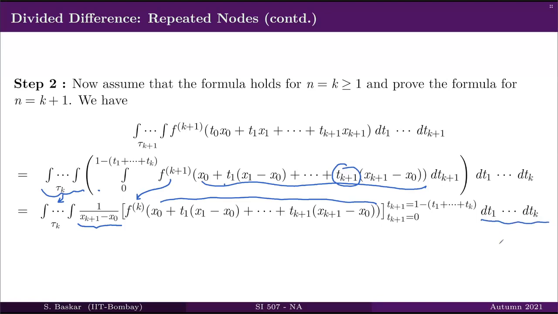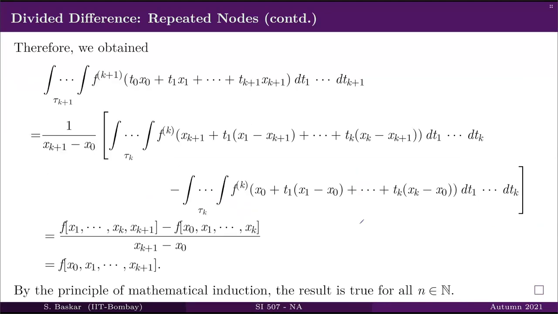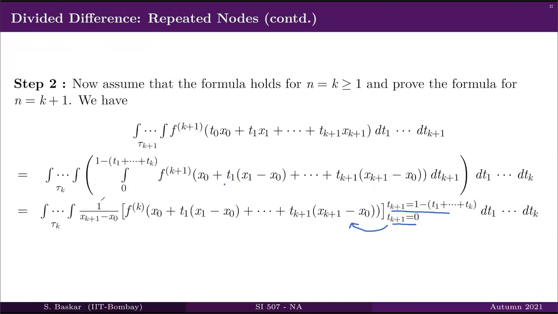So this is a very simple 1D integration. Now let us put these limits into this expression and rewrite it. We will get the left-hand side as our Genocchi formula, and on the right-hand side you can see that I'm taking this integral inside and putting the upper limit.